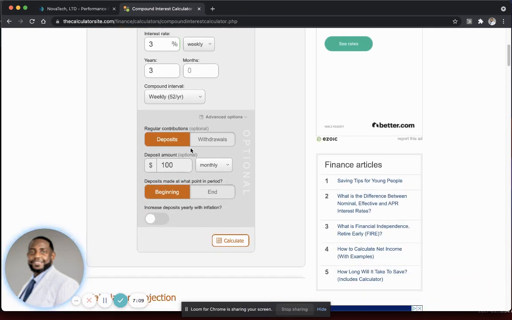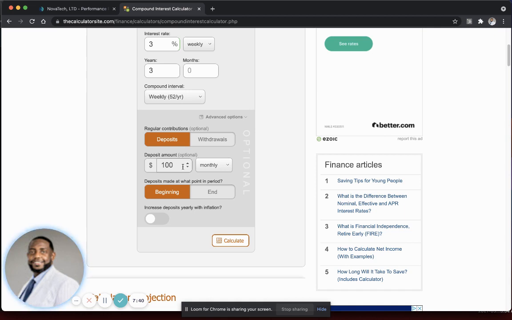Now there's additional deposits. The reason why I put this in here is because, me coming from the banking and finance world, I always tell people if you're looking for a long-term plan, you should be adding something to it every single month. Some of your discretionary income to it every single month. Now, the great thing with this plan is that you can add some discretionary income that you may have from your job, or this could come from some of the income that you get from participating in the compensation plan with NovaTech.